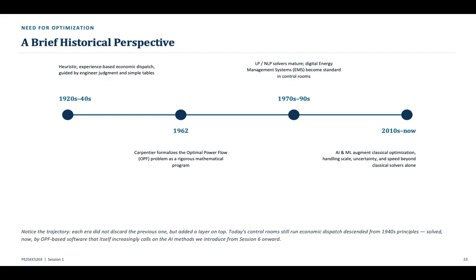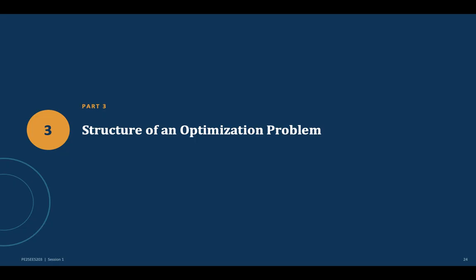So this is how our approach towards optimal dispatch, power system optimization, has changed over the last 100 years, from 1920 to 2026.